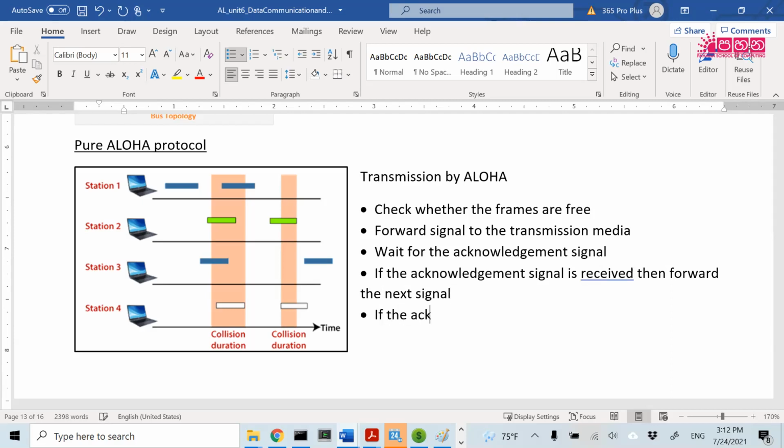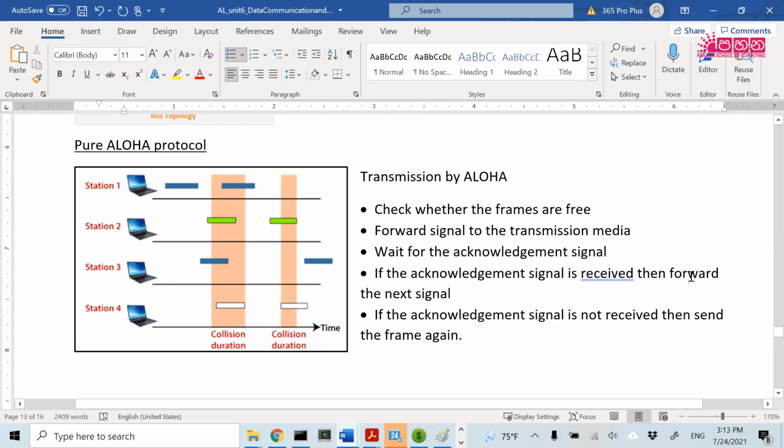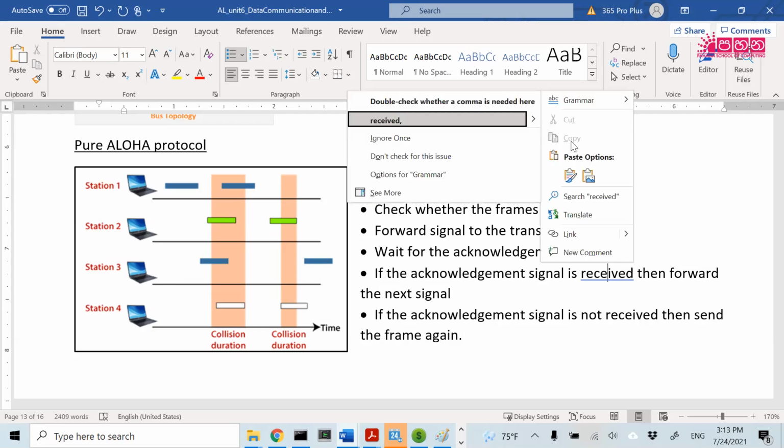If the acknowledgement signal is not received, then send the file again. That's all we need to do.